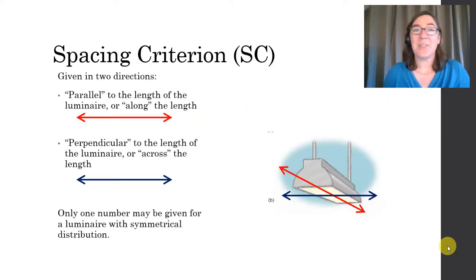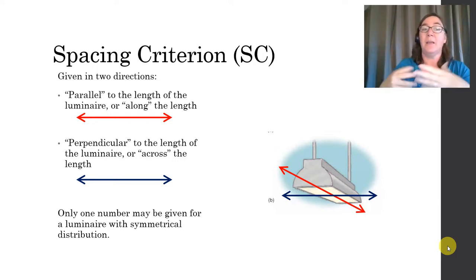Let's throw another wrench into our discussion here and realize that not all luminaires throw their light in a symmetrical pattern. All right, let's take a look at the light distribution for this example. You can see that it distributes light differently along the length of this luminaire versus 90 degrees from that, perpendicular across the length.